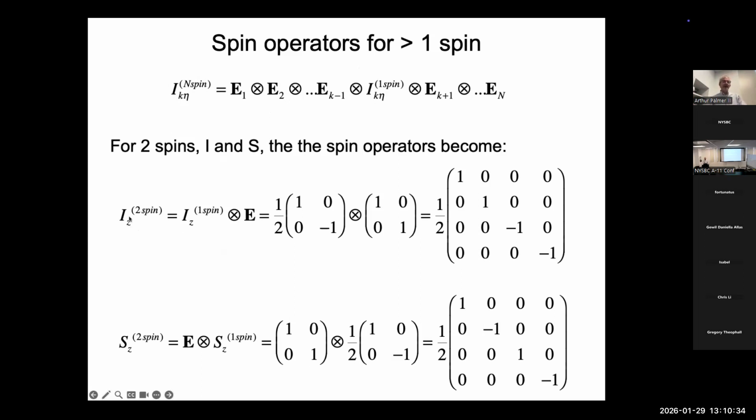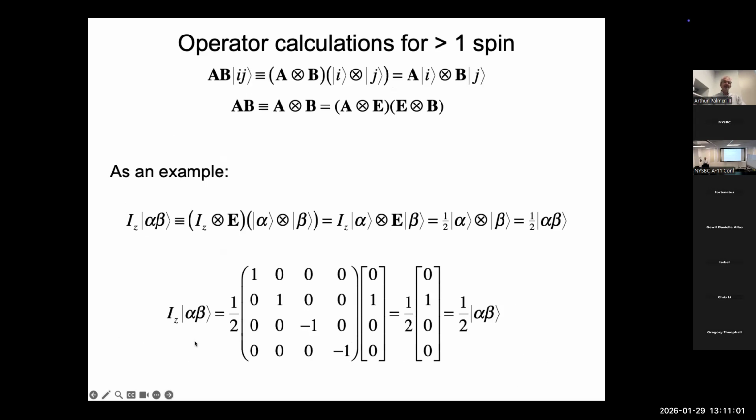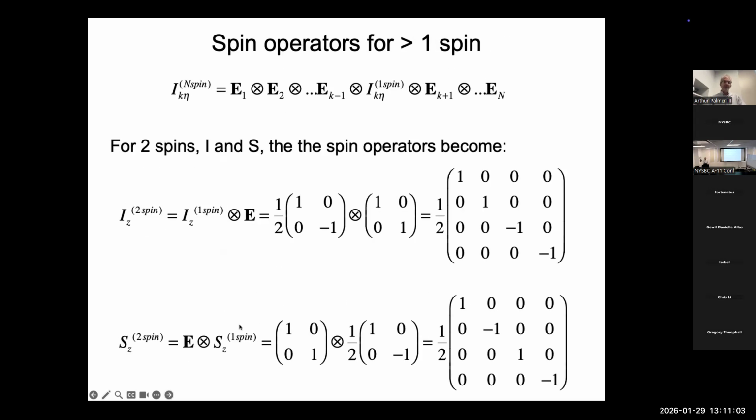Suppose I have 2 spins and I call the first one I and the second one S. If I want to know for 2 spins the matrix representation of IZ, I have IZ direct product with the identity operator essentially for the S spin. And if I wanted SZ, I have the identity operator for the I spin, direct product with the 1 spin operator for the S spin.